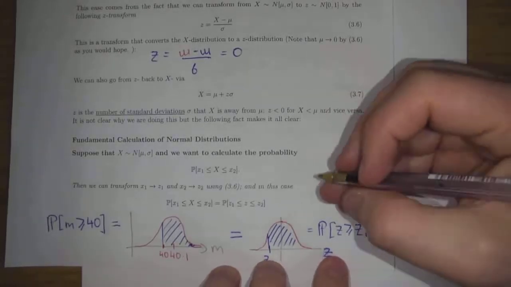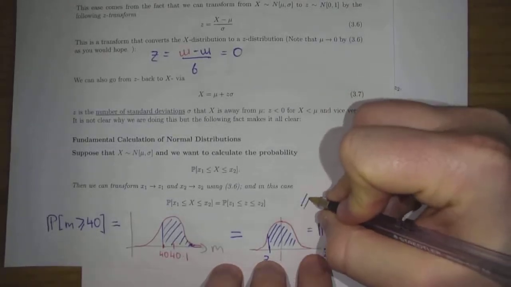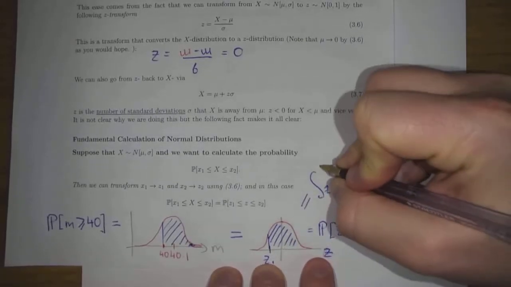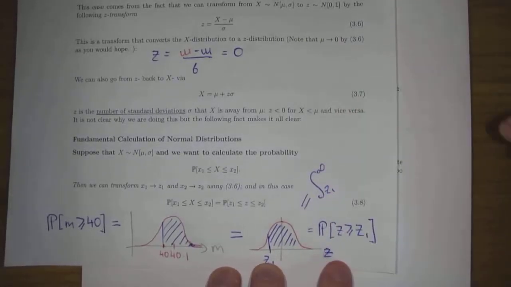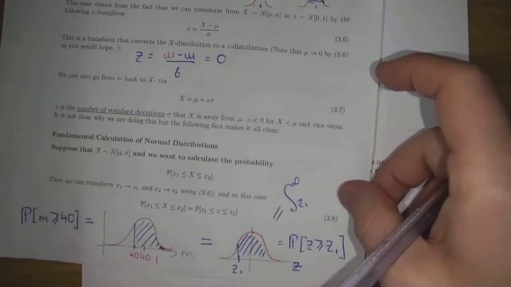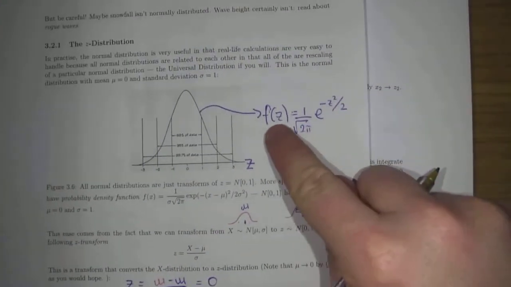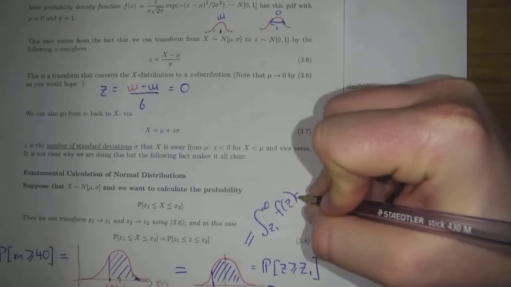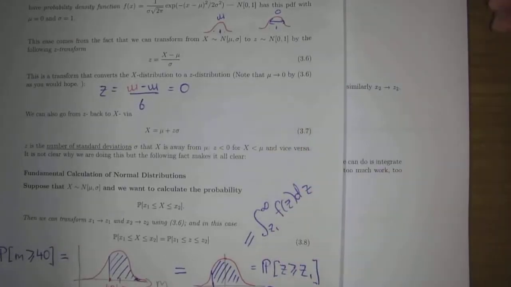So this should be the integral from Z1 up to infinity. Now we won't talk about how you calculate infinite integrals because we'll see infinite integrals again in the next semester if you choose it. The density function, which is this f of z here, dz. So you have to calculate this integral.